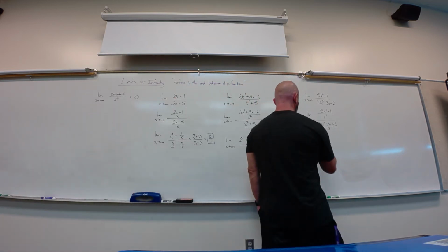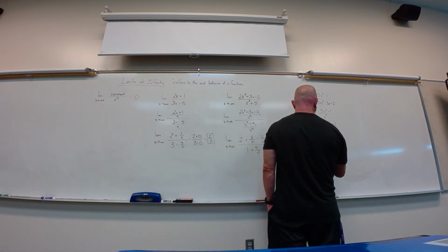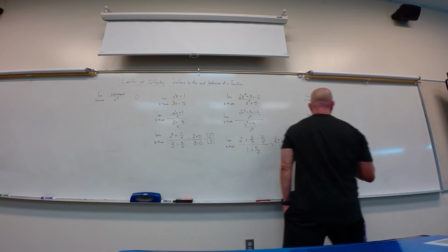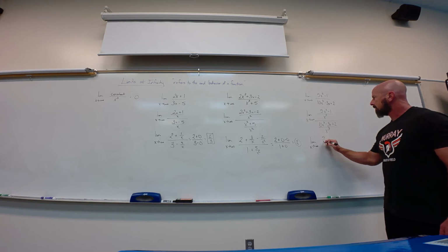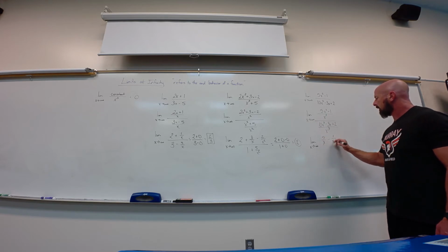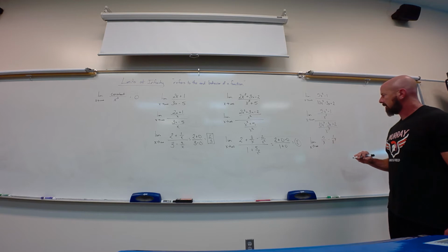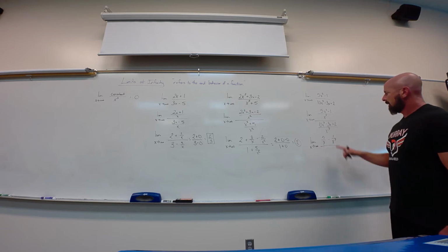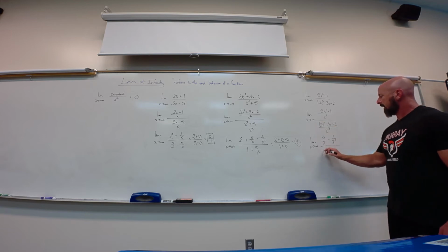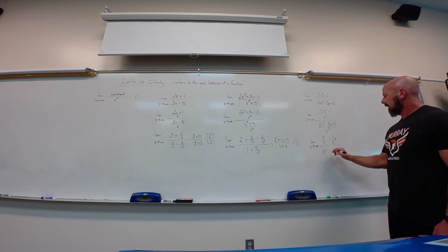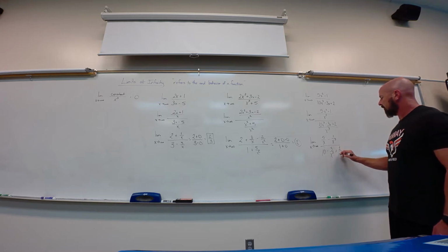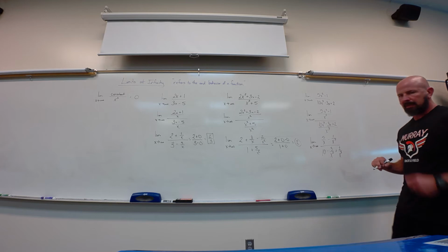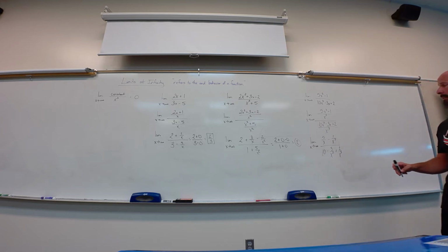So if I work this out, limit, x approaches infinity. Up top here you'd have 5 over x minus 1 over x cubed. The bottom, you cancel there, so 10 minus 3 over x squared plus 2 over x cubed.